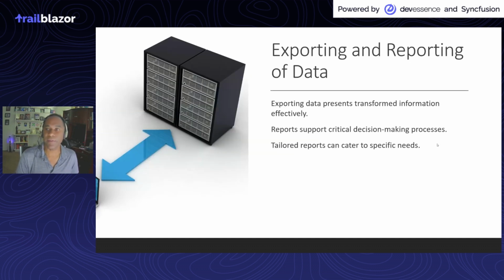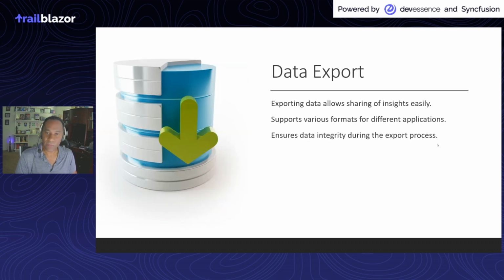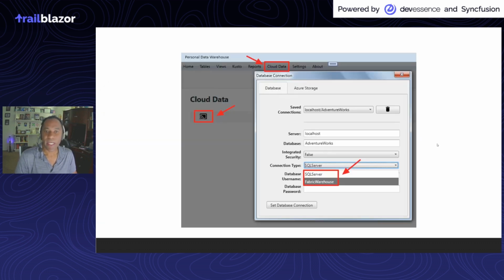Let's look at some other features. Exporting and reporting of the data. Let's first look at exporting. So there's a section called Cloud Data. And what this does is it allows you to connect to a SQL Server or a Microsoft Fabric warehouse.